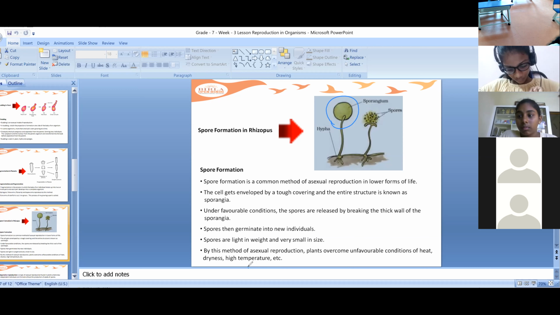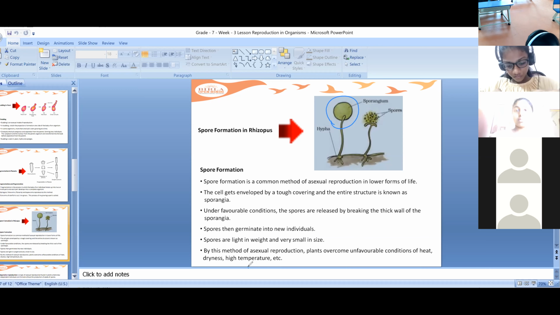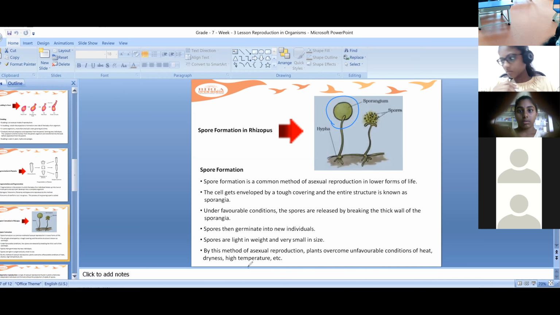These spores then germinate into new individuals. These spores are light in weight and very small in size. By this method of asexual reproduction, plants overcome unfavorable conditions of heat, dryness, high temperature, etc.